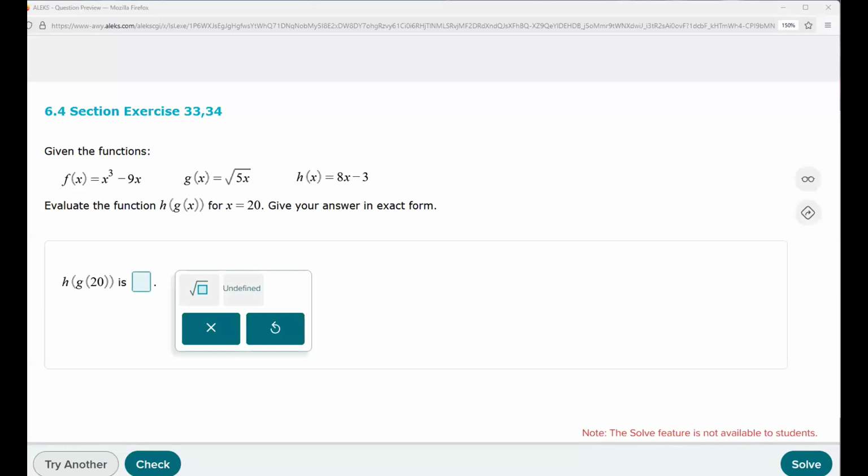I feel like we can do this one. It looks different. This one is different. It's what we're about to do. This is composition.